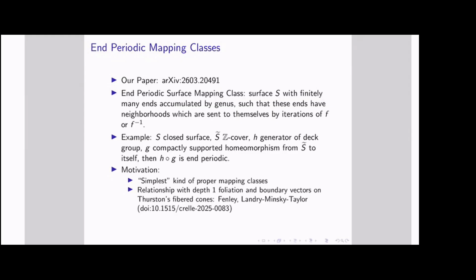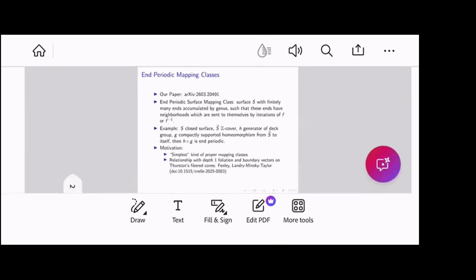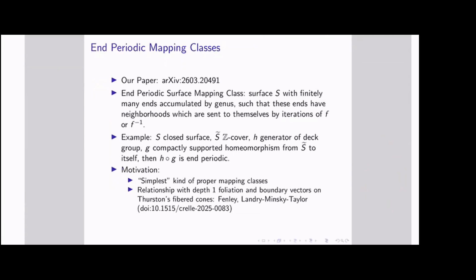And the original foliation on the mapping torus, together with this single copy of S at infinity, is actually a depth 1 foliation. So this is a more concrete example of getting a depth 1 foliation so that the dynamics, the monodromy on non-compact leaves, are end-periodic surface maps.